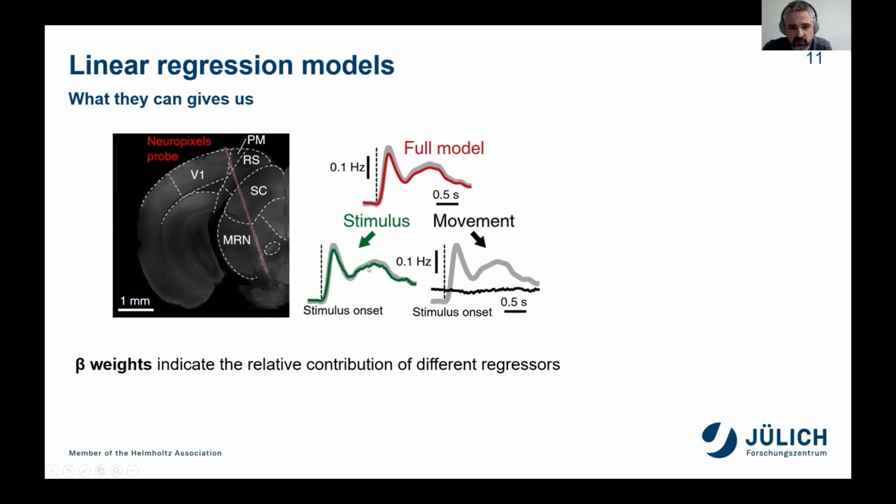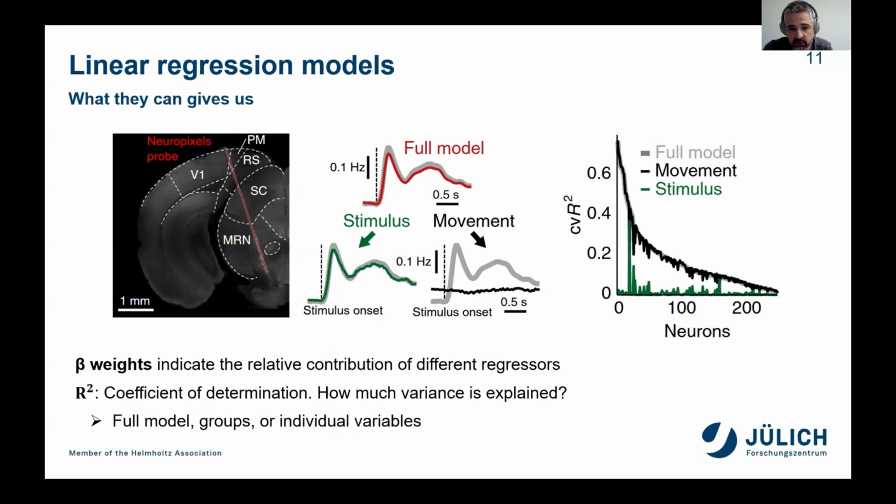Okay, so as I mentioned, you can basically try to assign, by using these different weights, the contribution of how different regressors are shaping neural responses. And the beta weights are important here. But one thing that you can also use in addition is the R-square value, which is the coefficient of determination. So it's basically just saying how much variance your model can explain in the neural data.